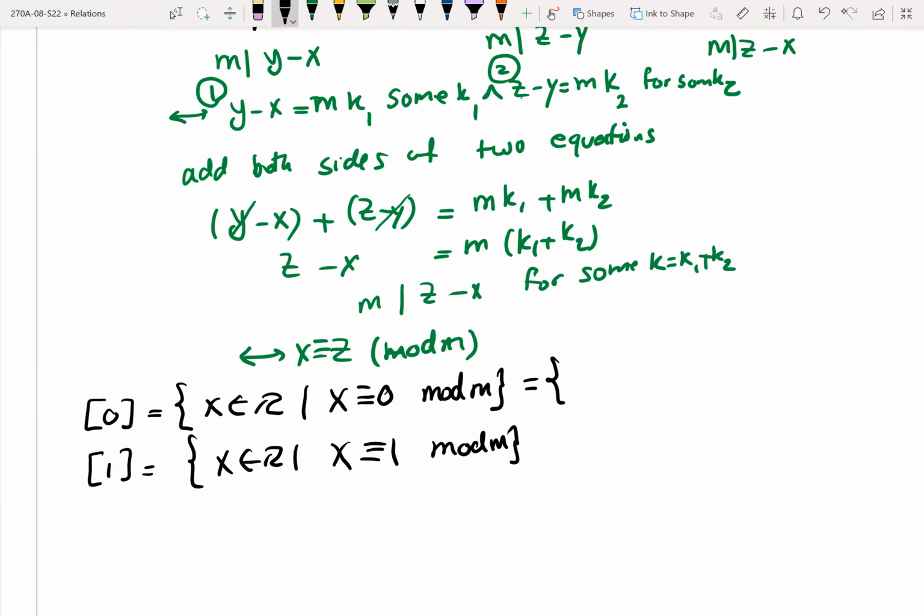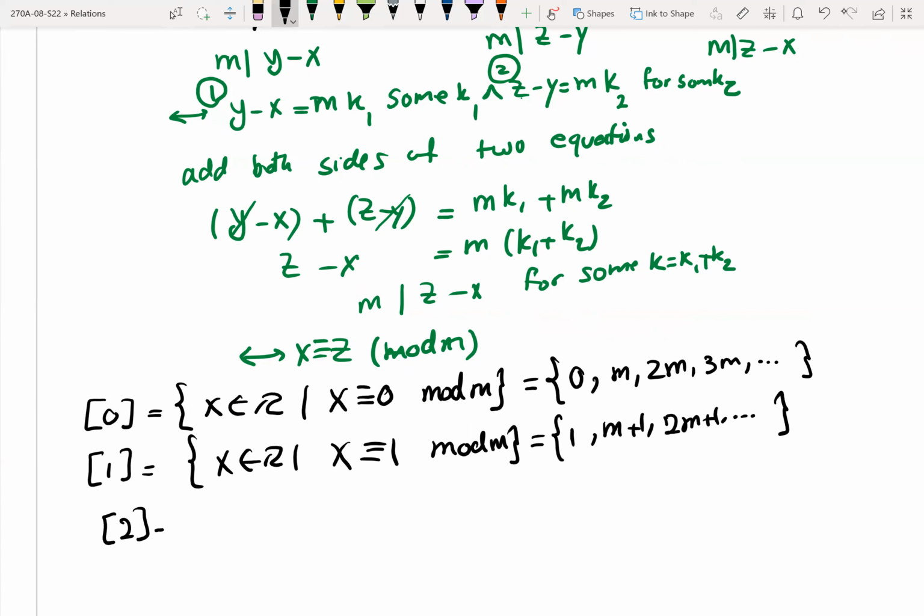So for sure 0 is the first one, then m, 2m, 3m. Is that true? Okay, then 1, m plus 1, 2m plus 1, forever. Class of 2.